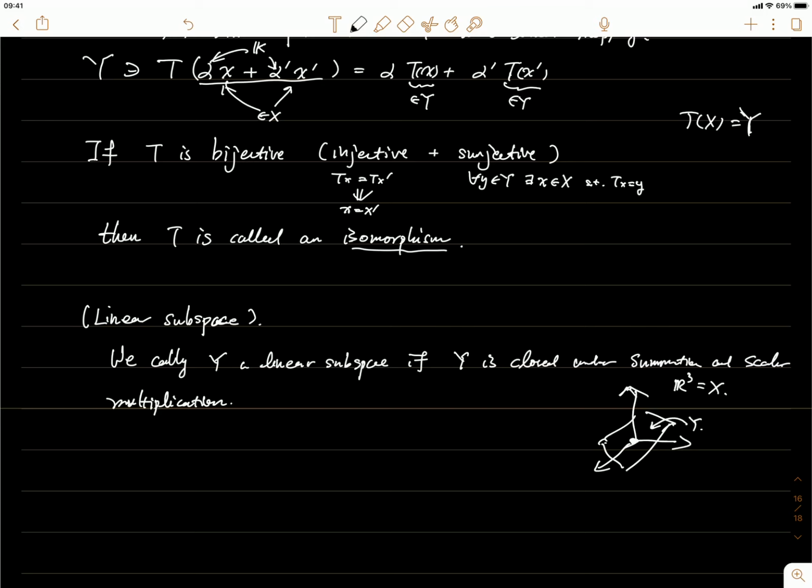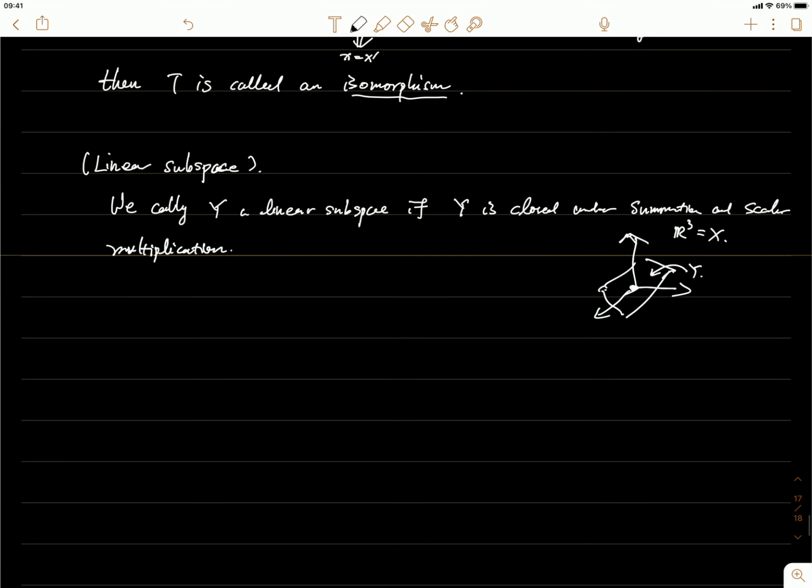You take any two points, elements or vectors in Y, and the sum is still in Y, and also if you multiply any vector in Y by a scalar, it is still in Y. Okay, so that's a linear subspace.